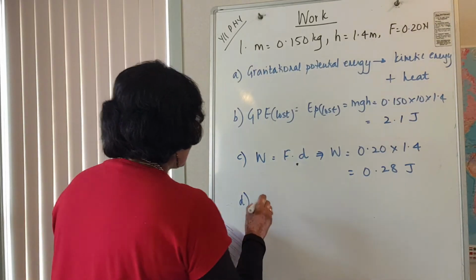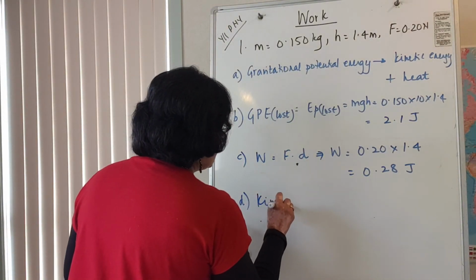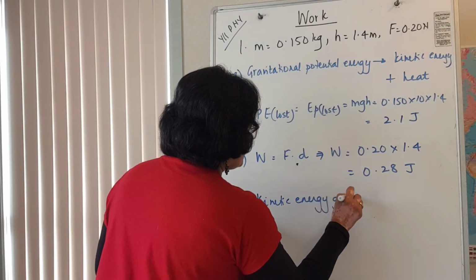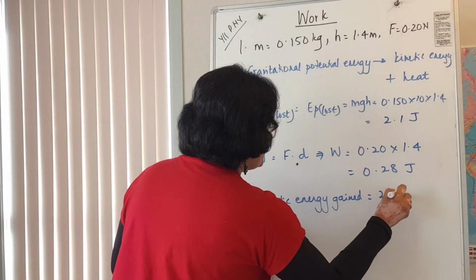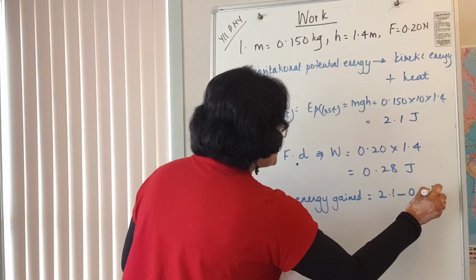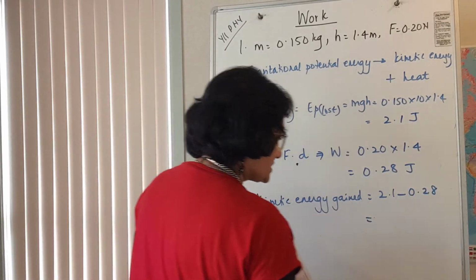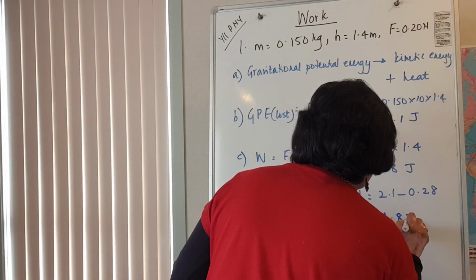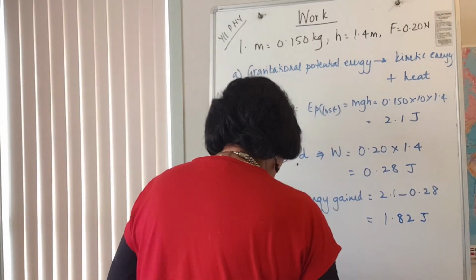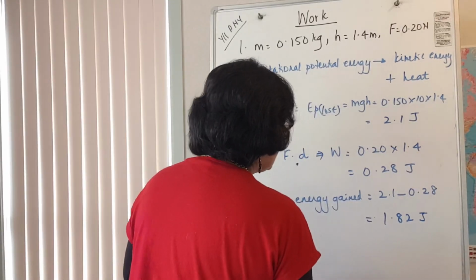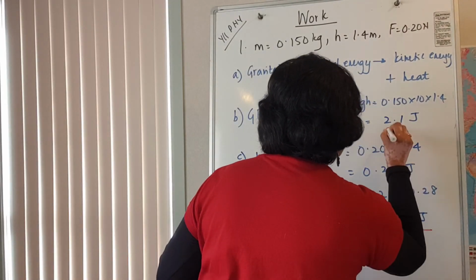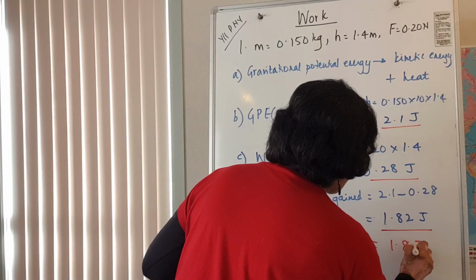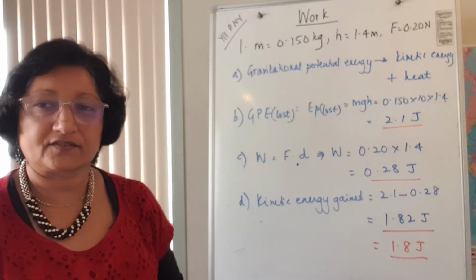So kinetic energy gained is equal to 2.1 minus 0.28, and I'm going to get 1.82 joules. So those are my answers for this one. This 1.82 can be written as 1.8 joules, just two significant figures.